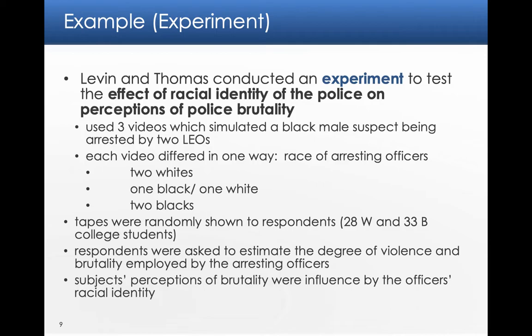The tapes were randomly shown to respondents, 28 white students and 33 black college students. Respondents were asked to estimate the degree of violence and brutality employed by the arresting officers. It turned out that their perceptions of brutality were influenced by the officers' racial identity. So whether they saw the police officers as brutal depended on the officers' race.